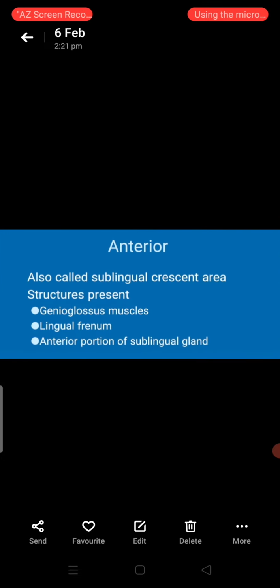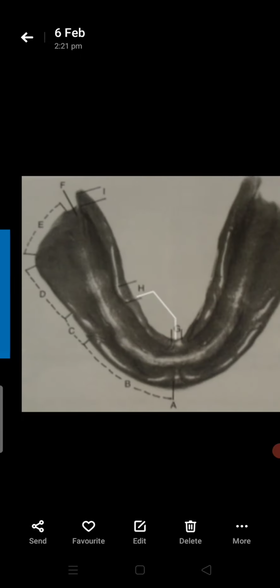First is the anterior vestibule, also called the sublingual crescent area, and the structures present in the anterior lingual vestibule are the genioglossus muscle, lingual frenum, and anterior portion of the sublingual gland.